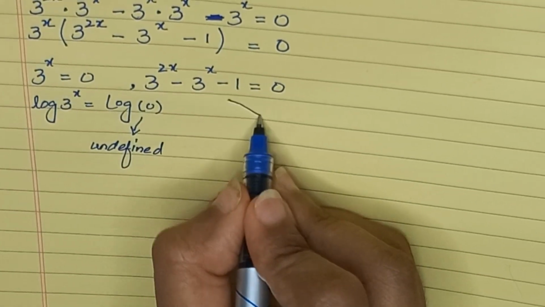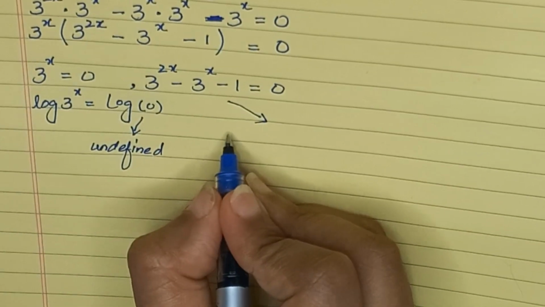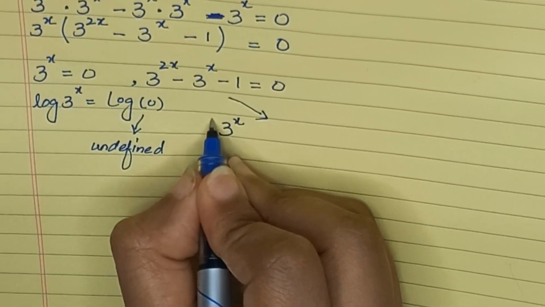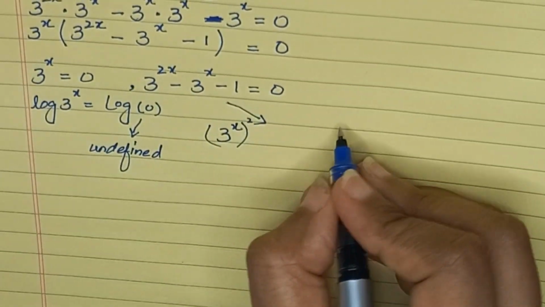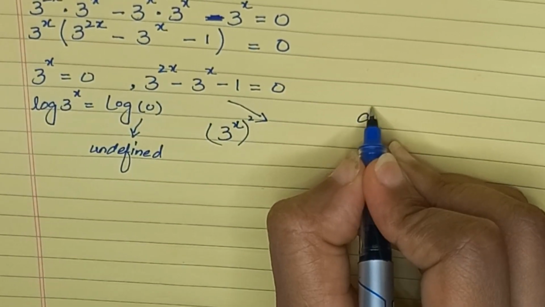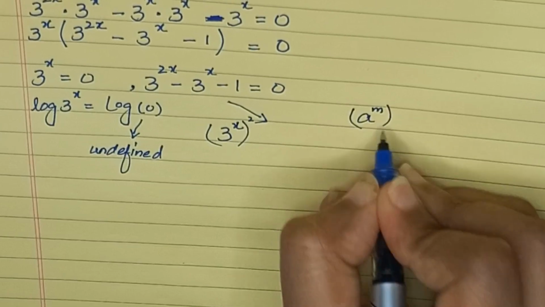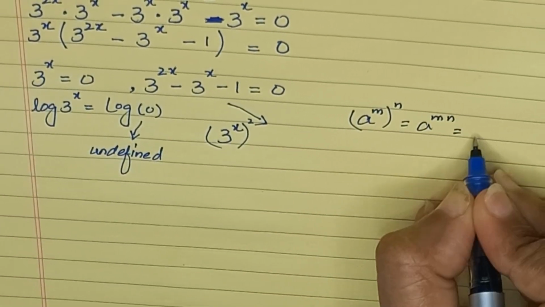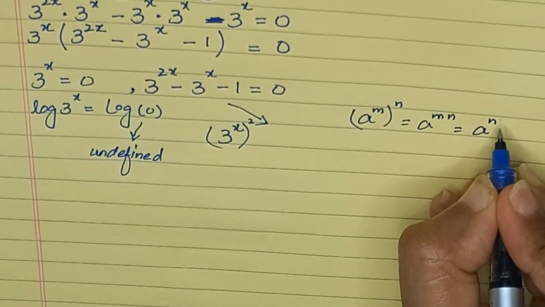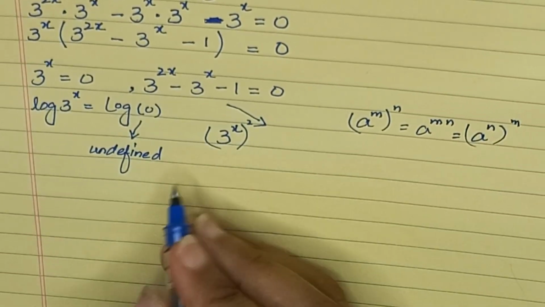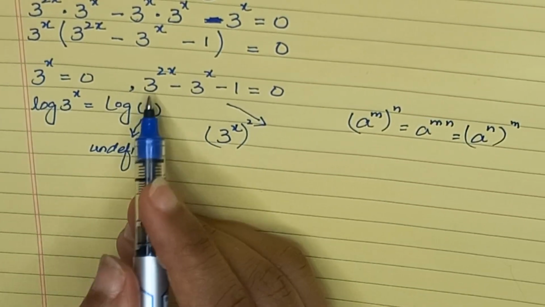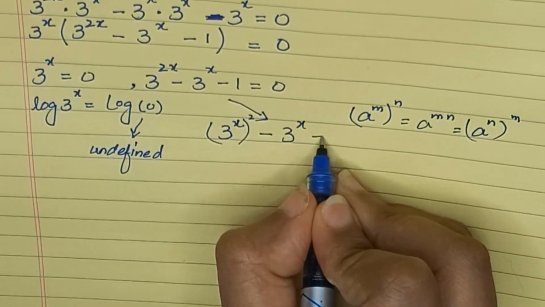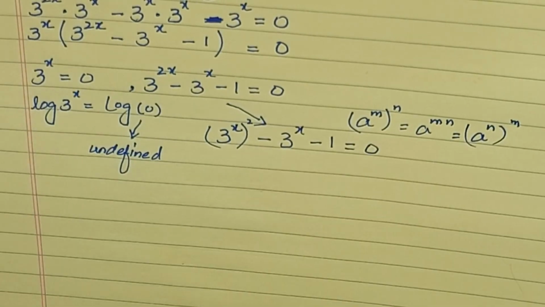Now we will solve this equation. It can be written as 3 raised to the power x, whole squared, because a raised to the power mn is equal to a raised to the power nm. So it can be written as 3 raised to the power x squared minus 3 raised to the power x minus 1, which is equal to 0.